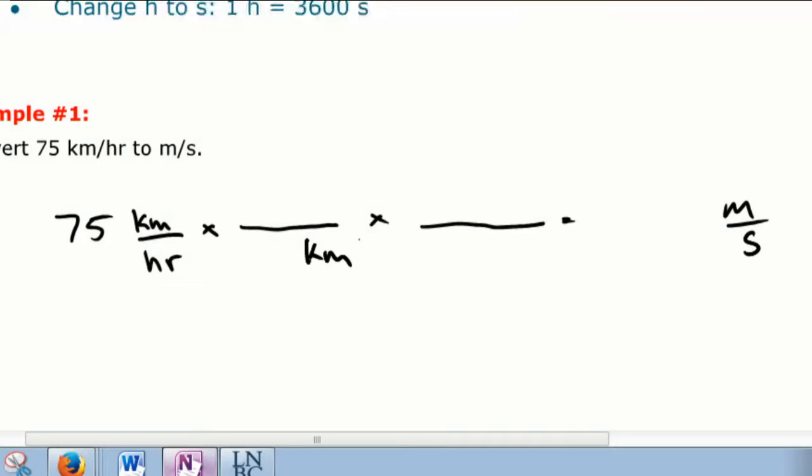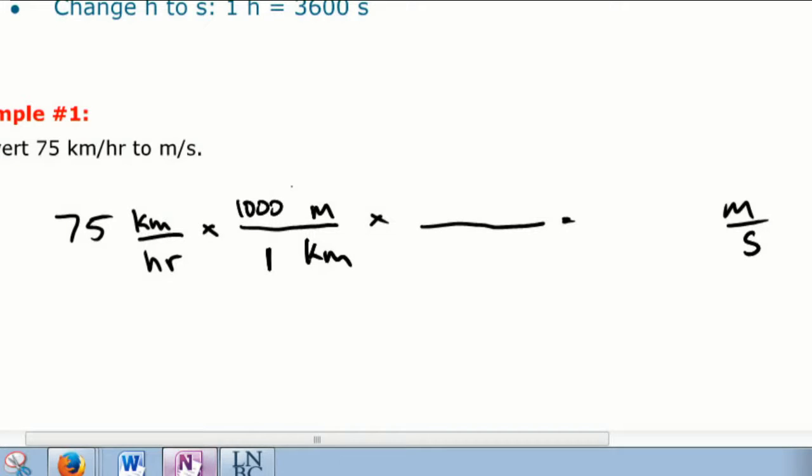Now I want to end up with a unit of meters on the top. So what is the relationship between kilometers and meters? Well, I know that 1 kilometer is 1,000 meters. And that's just something I need to know.